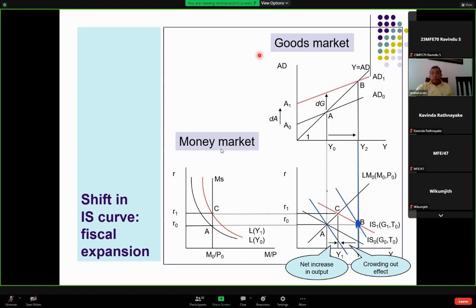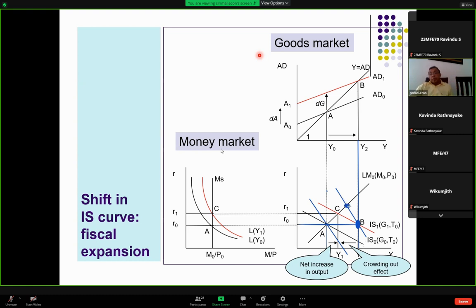Because I have to maintain the same interest rate, at the same interest rate level, output should rise from point A, that is here, to Y2, that is here. But where is my intersection point?